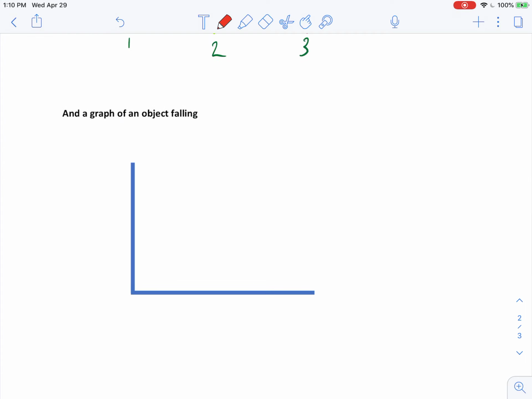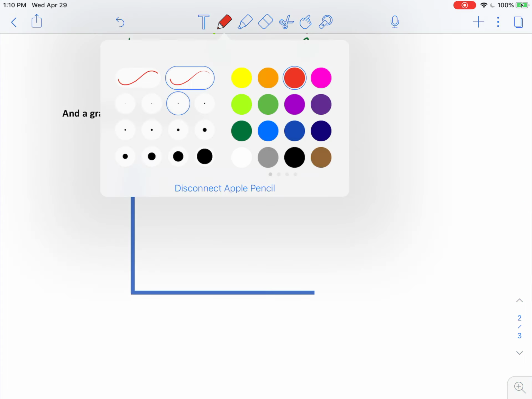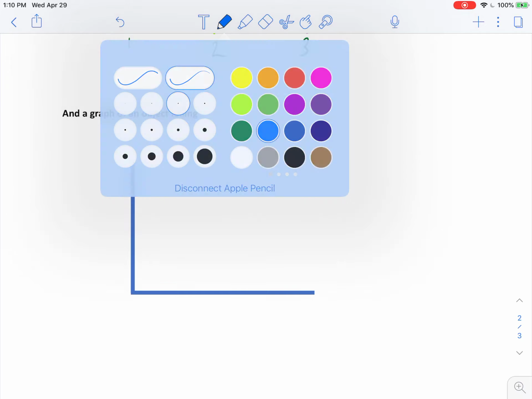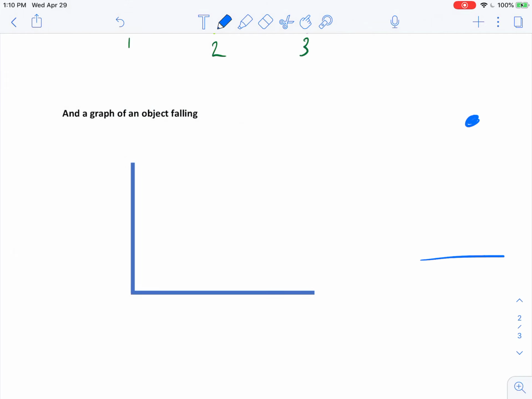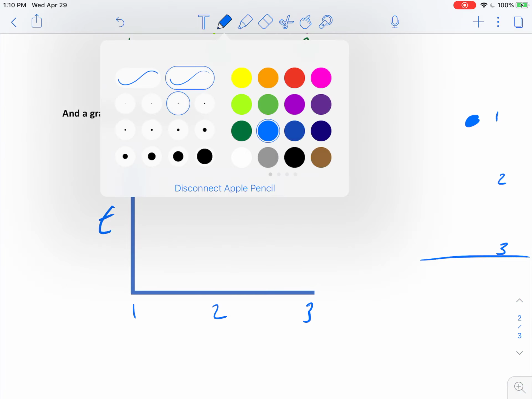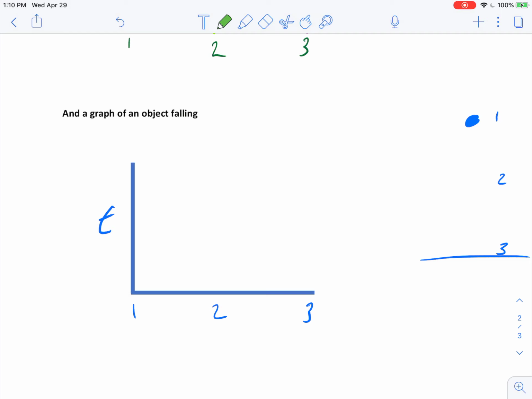Now let's try one more, but with an object falling. So if I drew my object here and the ground, this is our total energy. We're going to look at here, here, and right before it hits the ground. We'll start 1, 2, and 3. For gravitational potential energy, EP, obviously at point 1 we have a lot of potential energy.